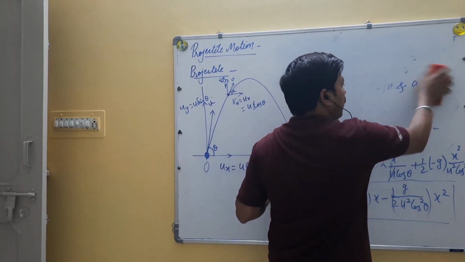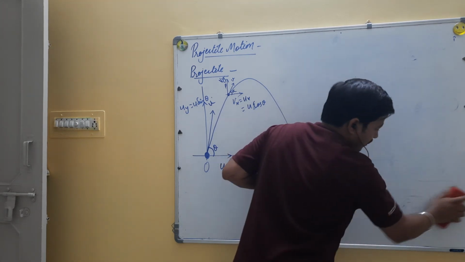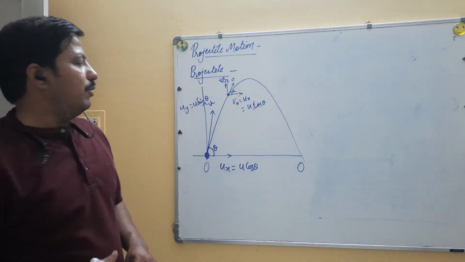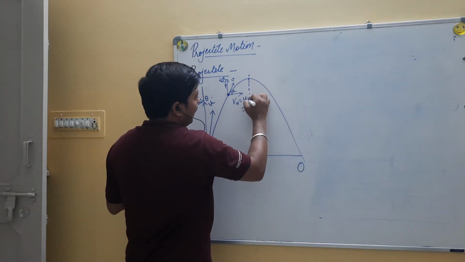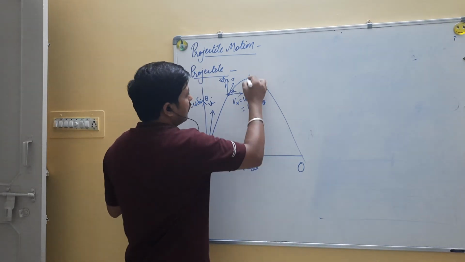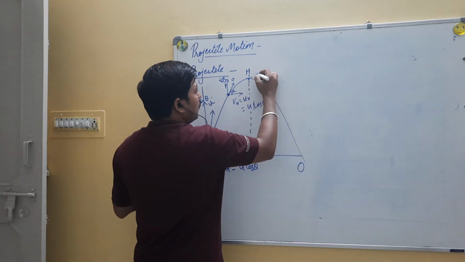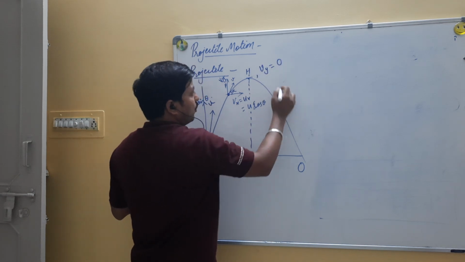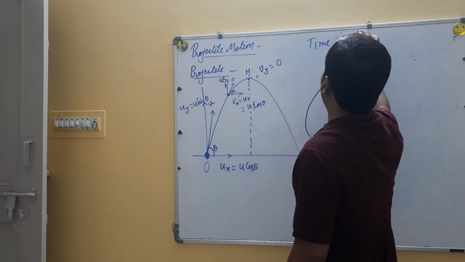Now we want to find out the time of flight. If we consider the highest point, at this point the velocity component along the y direction will be 0.